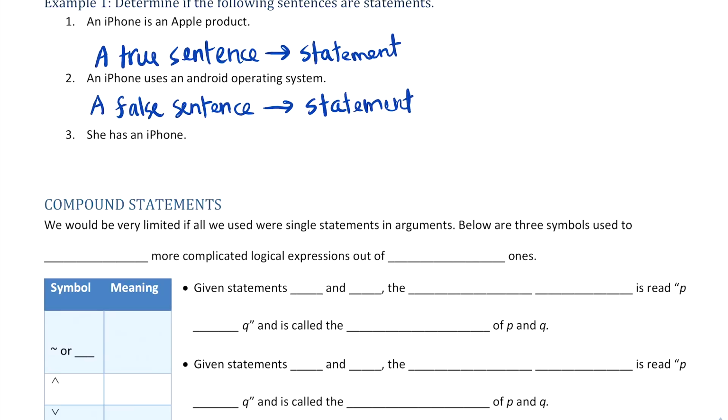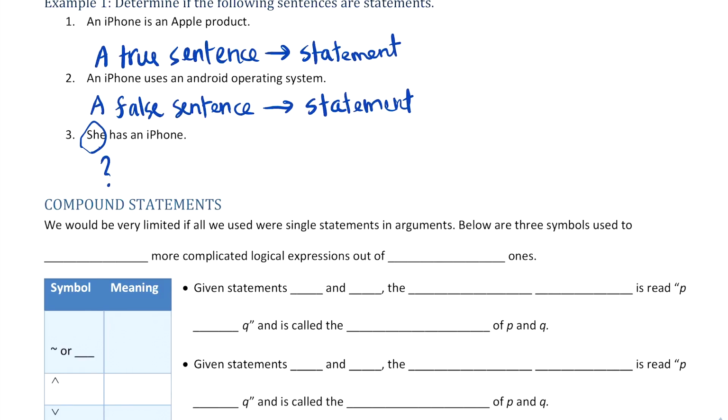Alrighty. She has an iPhone. What do you think? It's a sentence, right? That is true. But who is she, right? Depending on the she one is referring to, this could be true or false.